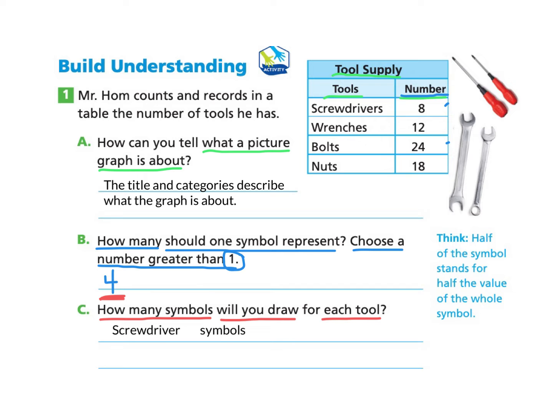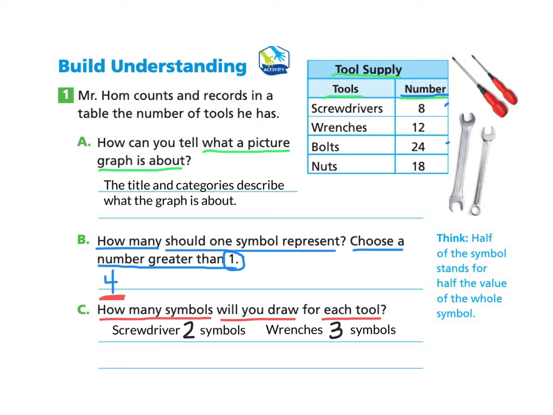Well, if we're using the number 4 to represent each symbol, then I will need 2 symbols for the screwdriver because 4 and 4 make 8. Then I'll take a look at the wrenches, and there are 12. So that means I need 3 symbols for the wrenches because 4 plus 4 plus 4 makes 12.